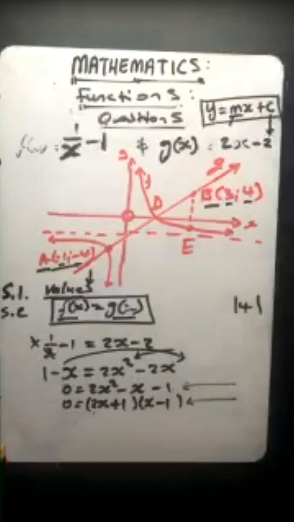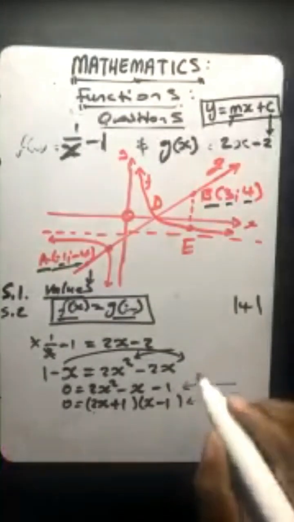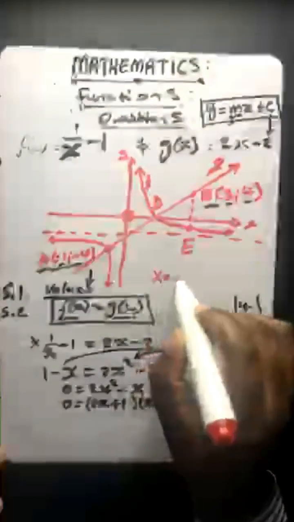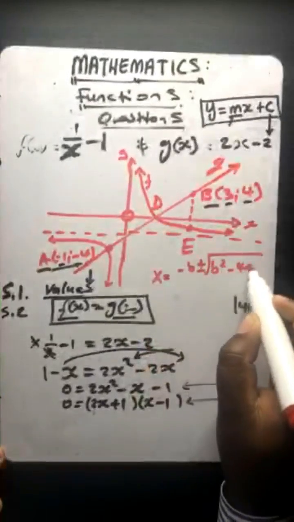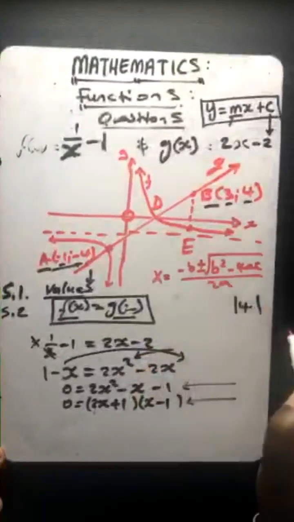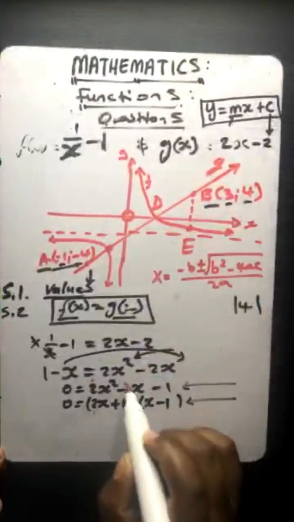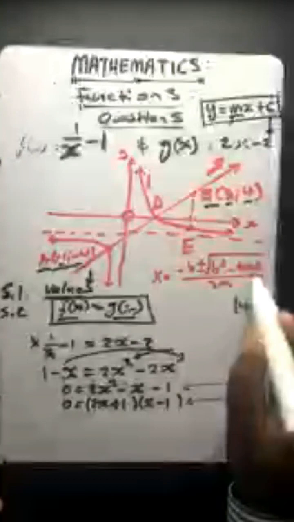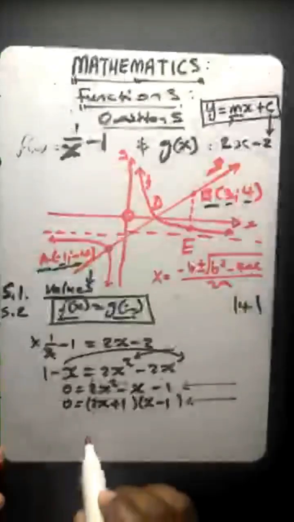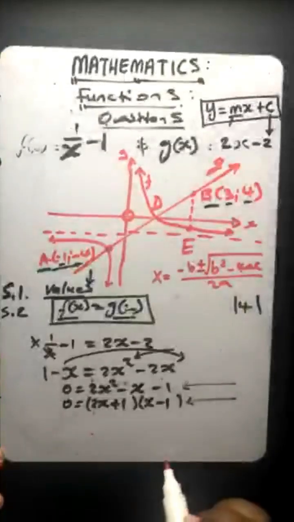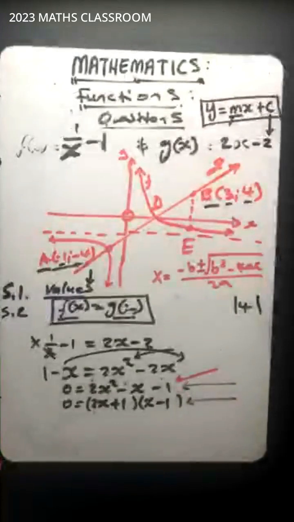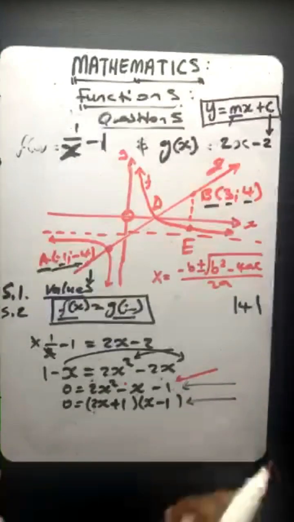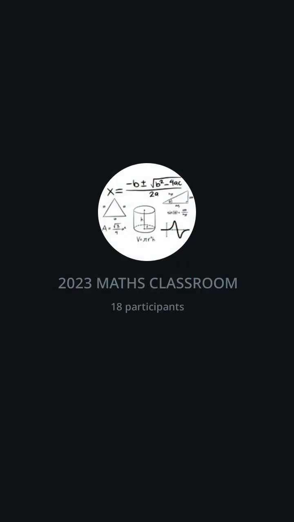To factorize, you can use the formula negative b plus or minus the square root of b squared minus 4ac, all over 2a, where you have your a, b, and c. You punch in there and you get the final answers, negative half and 1. That's how you factorize a quadratic equation. That was a very short and quick explanation, telling you what you do, not showing how.